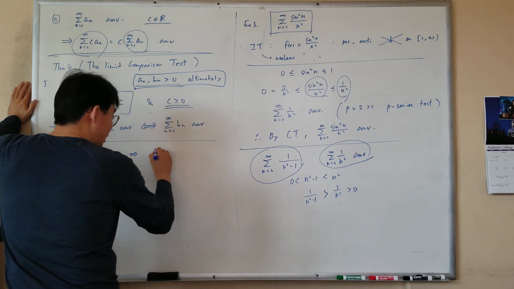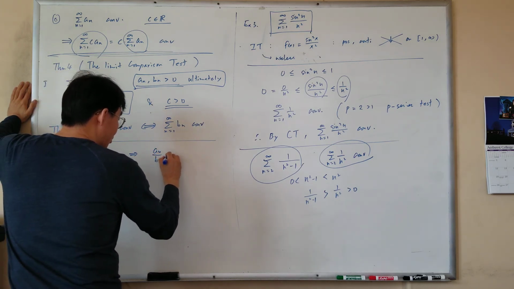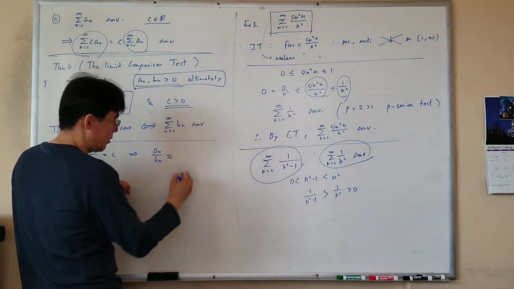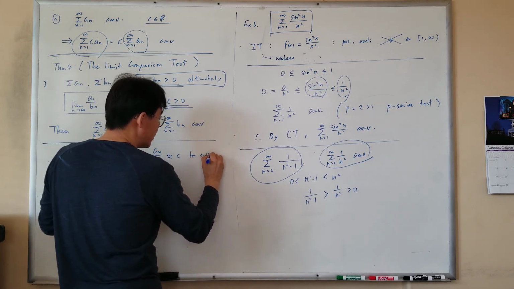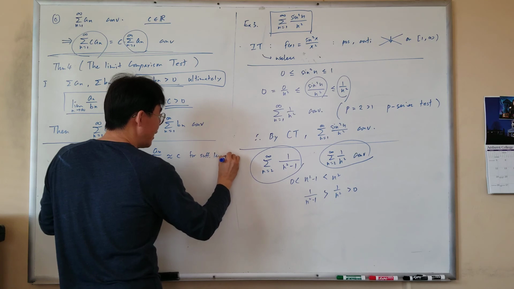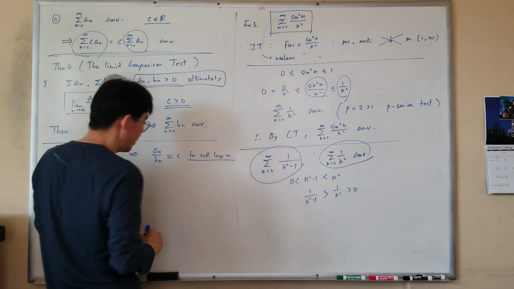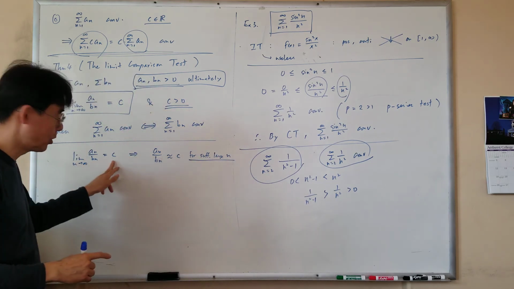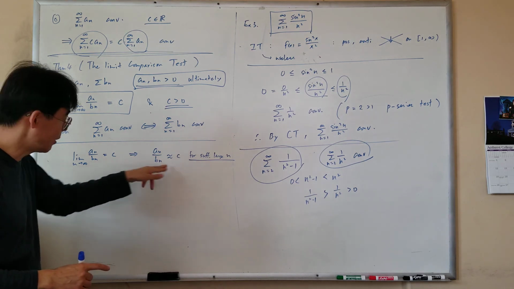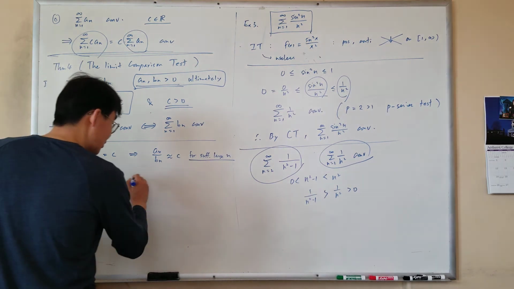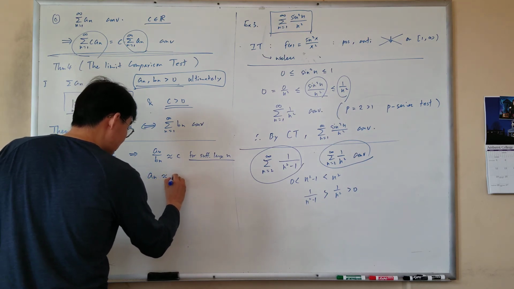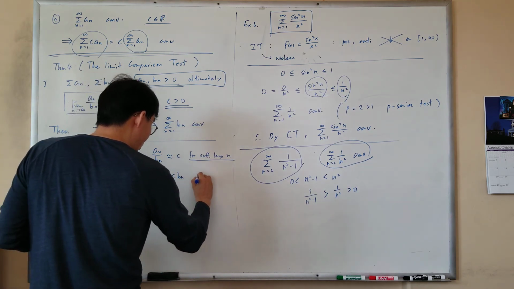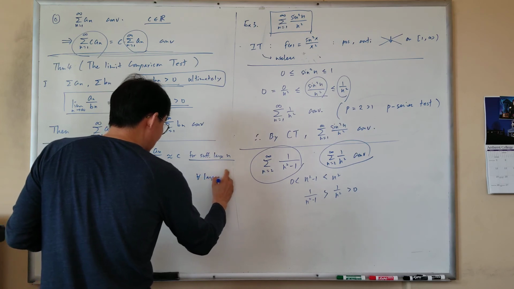It means an over bn is almost the same as c for all sufficiently large n, because this approaches c. So that means an is almost c times bn for all sufficiently large n.